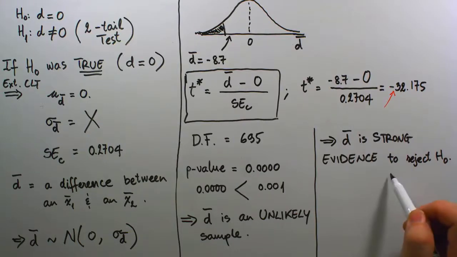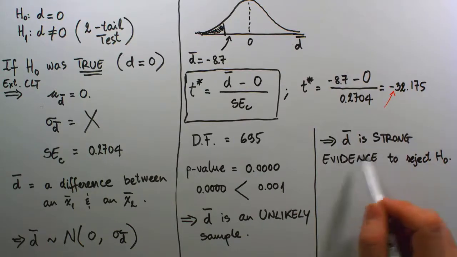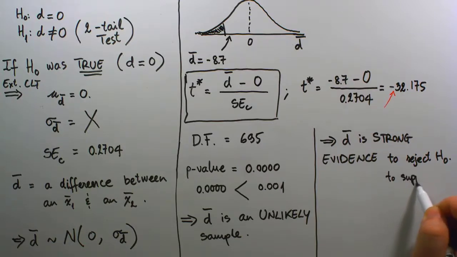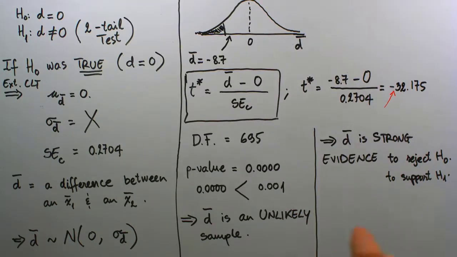Or we can also say that we have D bar as strong evidence to support H1. So there are two different ways we can interpret our final result as having strong evidence.